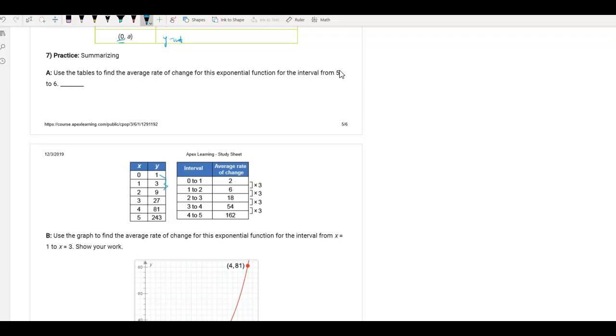So when I look at this, your common difference from 5 to 6, right, would be times 3, but from 5 to 6, the value would end up being 162 times 3, which is 486. So this kind of represents what we call a common difference, but the average rate of change is what is the average rate of change going up or down, okay?